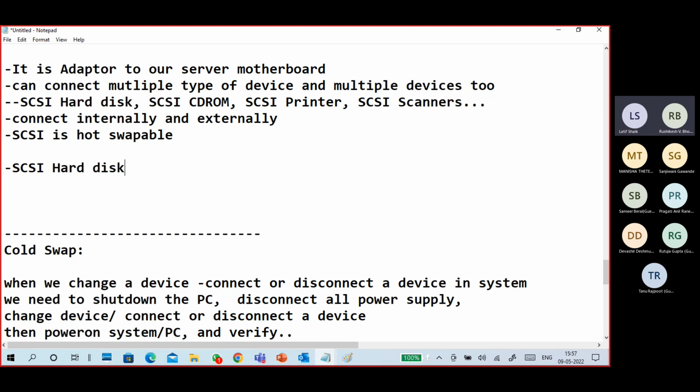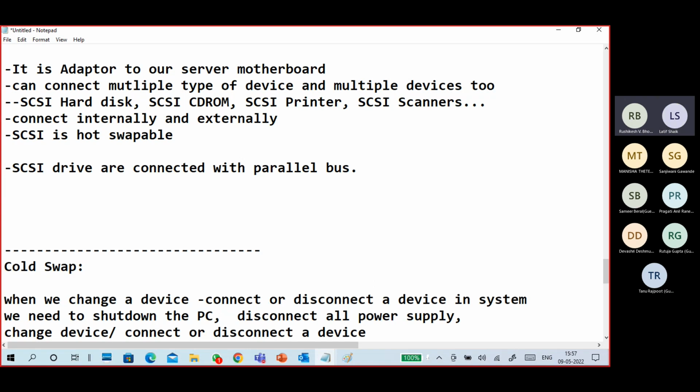SCSI hard disks or SCSI drives are connected with a parallel bus. The cabling is a parallel bus. Okay, next.